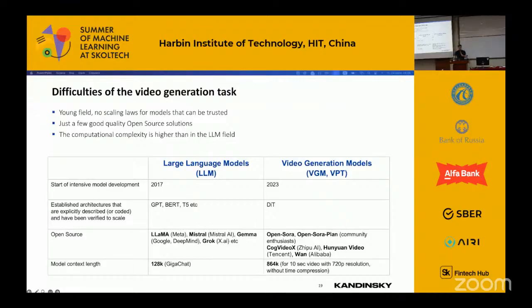Why? Because you can see on the last row in my table here. In LLMs, the context of the model is, on average, not every large language model has the same context, and that's okay, but on average a good context is like 128,000 tokens.